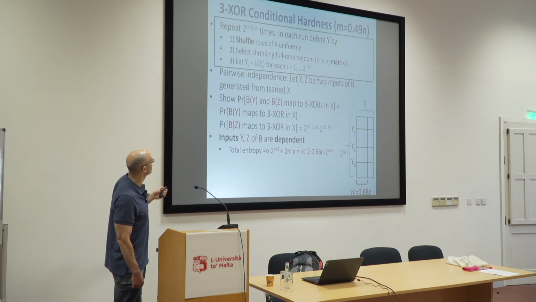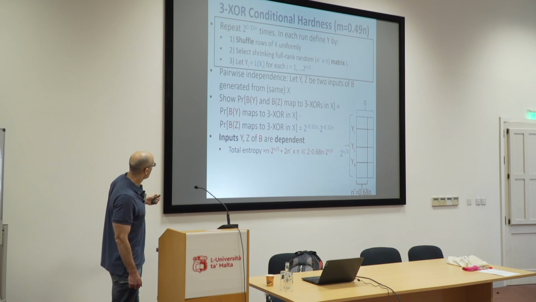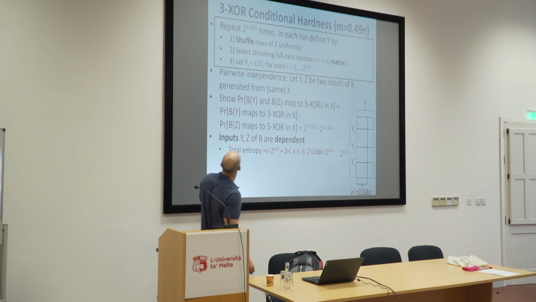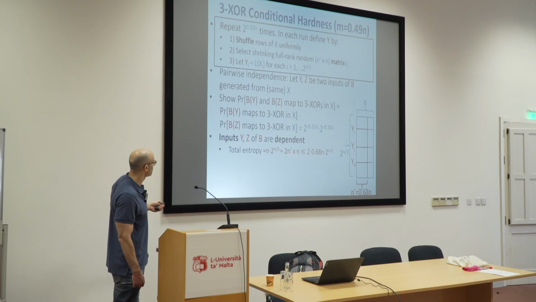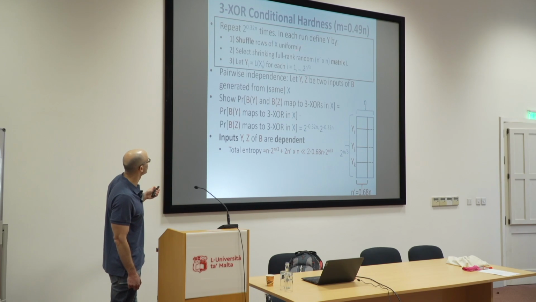We basically need to pick at random this original X. The entropy is basically the entropy of this sparse instance. And I told you that there is an equivalent formulation where you actually don't shuffle the rows. So the only thing that you need to actually pick at random besides X are these two small matrices. So the number of bits that you picked at random is basically n times 2 to the n over 3 to produce this Y and Z.